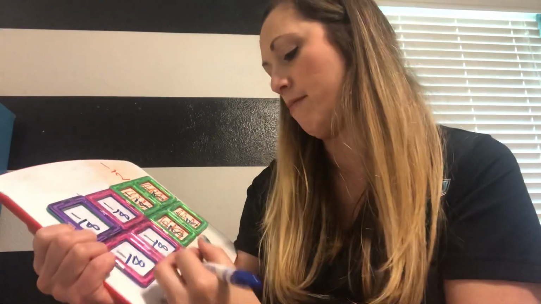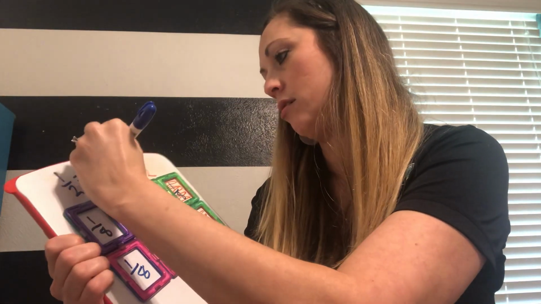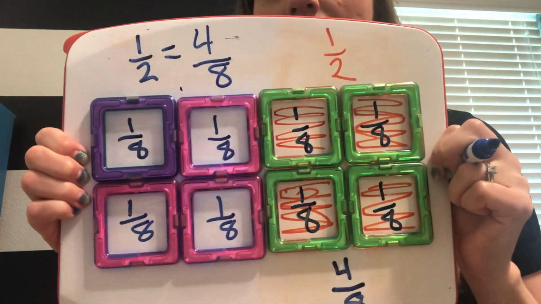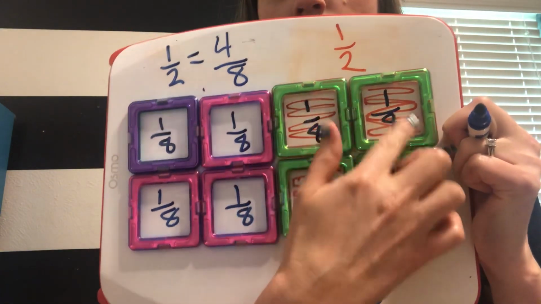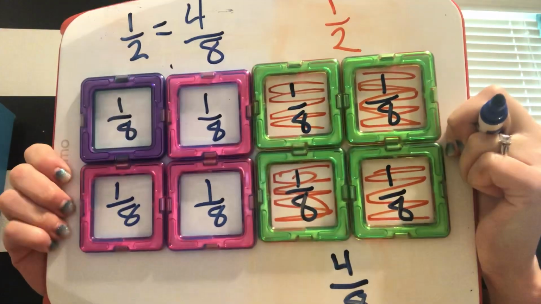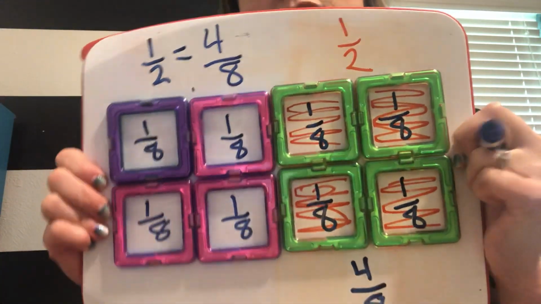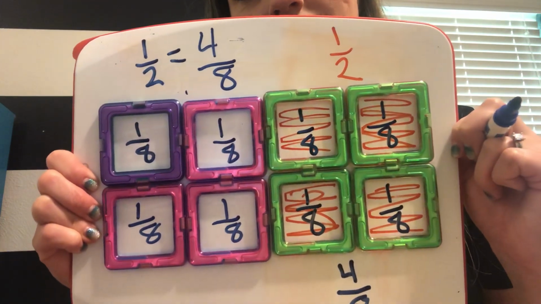I think it is telling us that 1/2 is equal to or equivalent to 4/8, because they are the same amount shaded. It's the same part of our whole. So 1/2 is equivalent to 4/8.